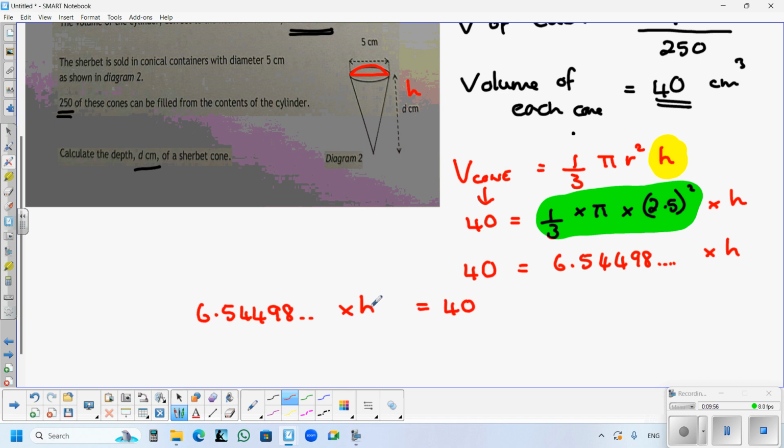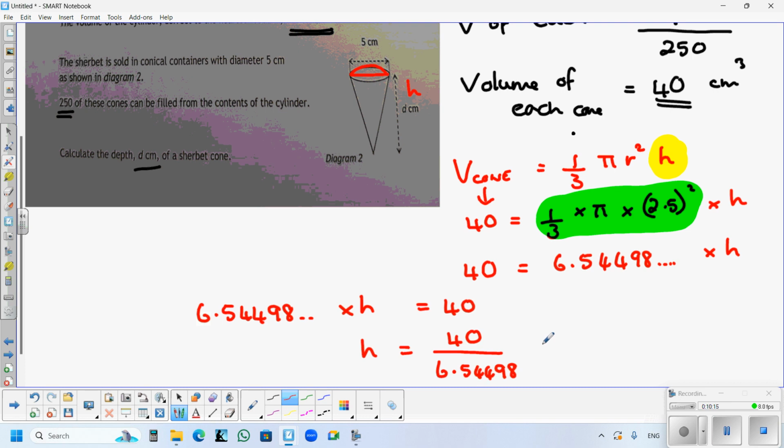I just want h on its own, so I don't want that multiplied by that big number to be there. So the opposite is to divide by it. So h is 40 divided by 6.54498, and that does go on. You can use the full number in your calculator.